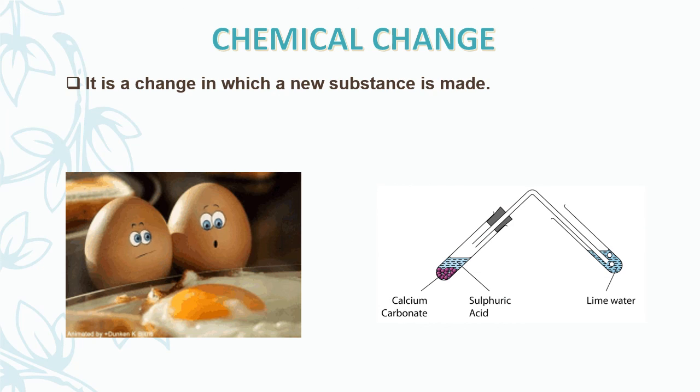Here is an example: calcium carbonate when reacted with sulfuric acid. So chemical change means getting a new product with different properties.